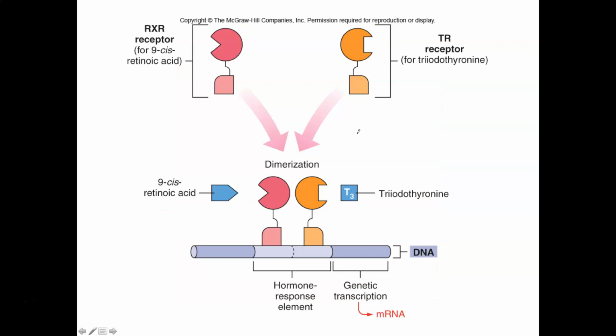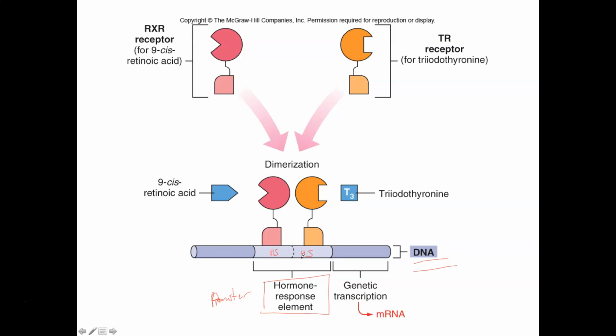What we have on this diagram is we're zooming in on the DNA. Remember that the hormone response element is also the promoter. So this is the promoter, and the promoter is going to be interacting with two receptors on each half site.